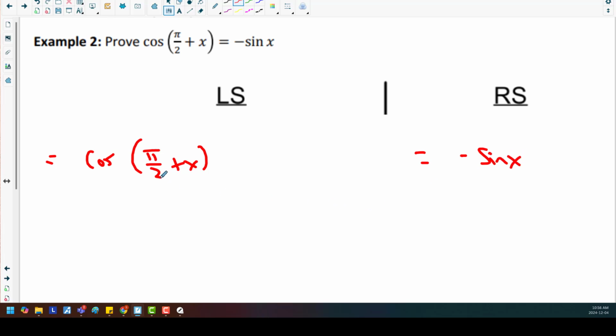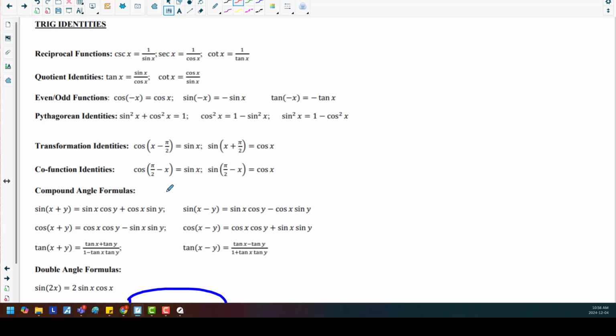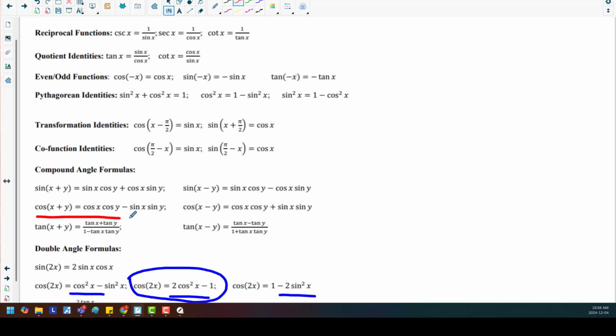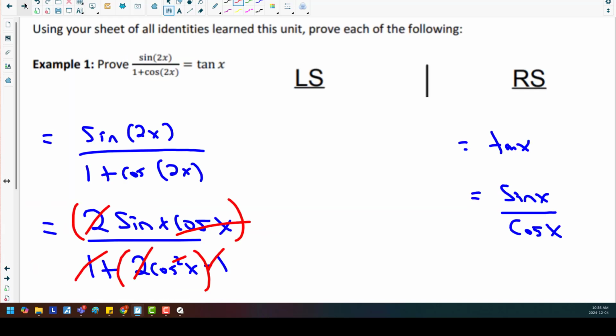Well, I would use the formula for a plus b, because this is what's happening. You're adding two angles. So what's cos a plus b equal to? Let's see. Cos, or x plus y, I guess. Cos x cos y, sin x sin y, and there's a minus sign in the middle.